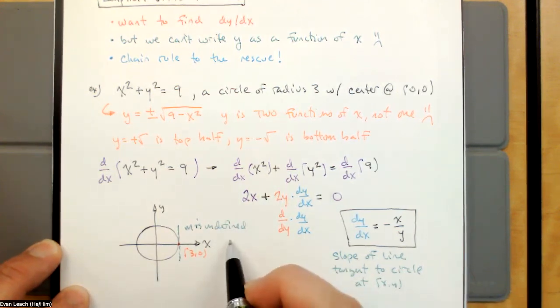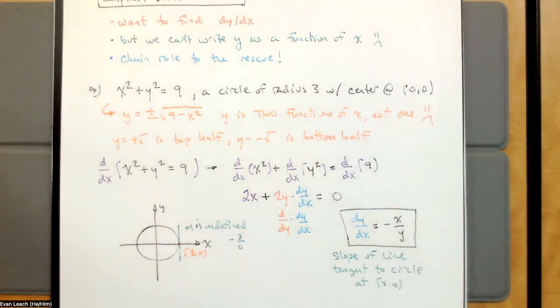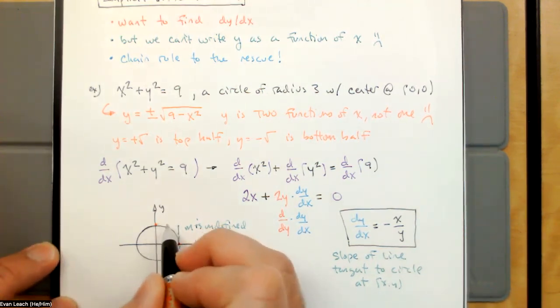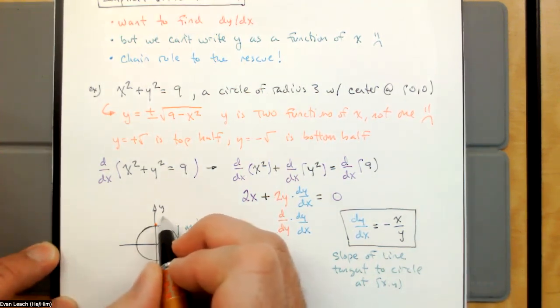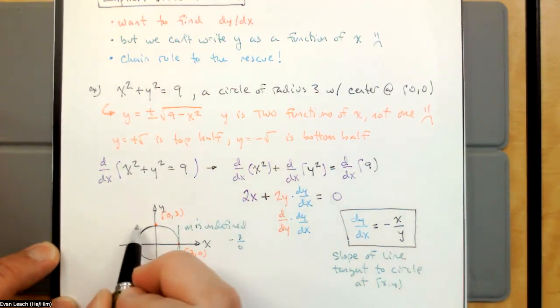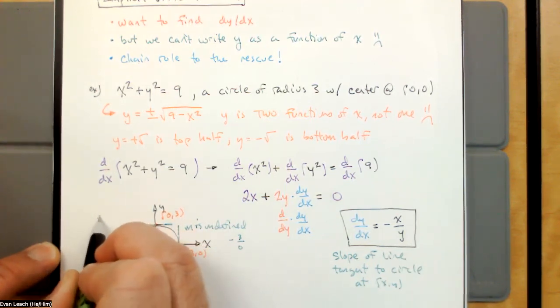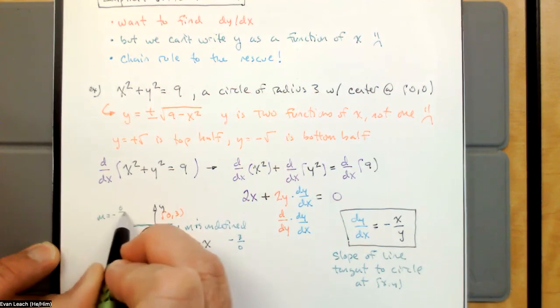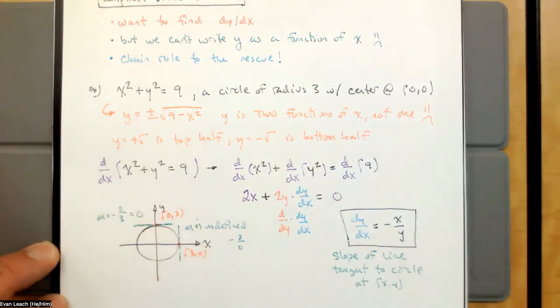And it's going to be minus x over y. 3 divided by 0 is undefined, so the slope is undefined when y is 0. At this point up here, we've got the point 0, 3. The tangent is horizontal, and our slope will be minus x over y, 0.